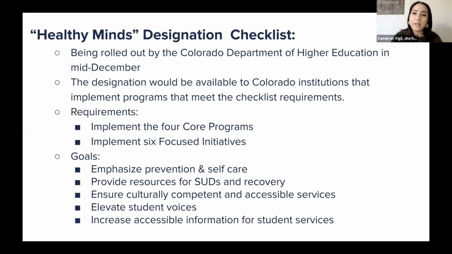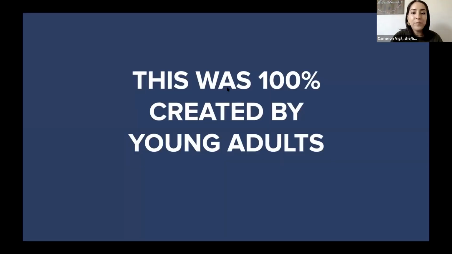We really want to elevate the student voice and ensure that students are involved with the checklist, not only to help cultivate it and develop it, but stay engaged with it after it's rolled out and maybe reevaluating it every few years. And then ensuring that there is accessible information for student services. So that's one initiative that we've been working closely with the Department of Higher Education on. And again, 100% created by young adults for young adults.